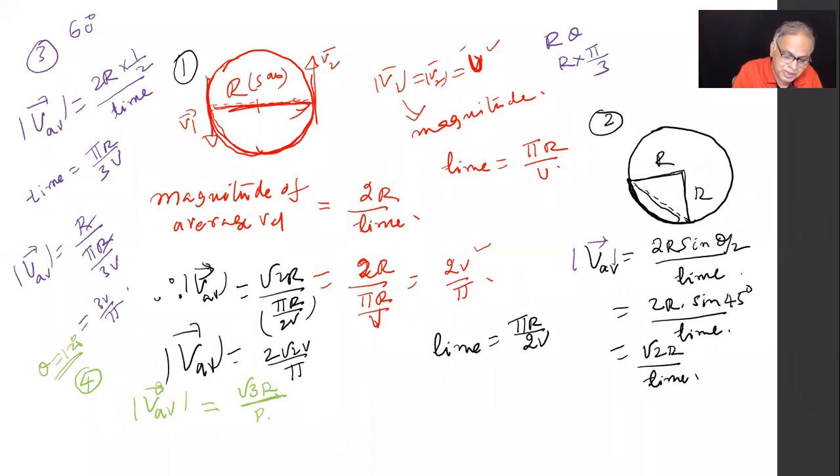R into theta in radians, for 120 degrees, how much? 2 pi by 3, by V. Do you all understand? So what am I getting now? 3 root 3 V by 2 pi. Am I correct? So you should be able to write these known, popular things very quickly without wasting time. All right?